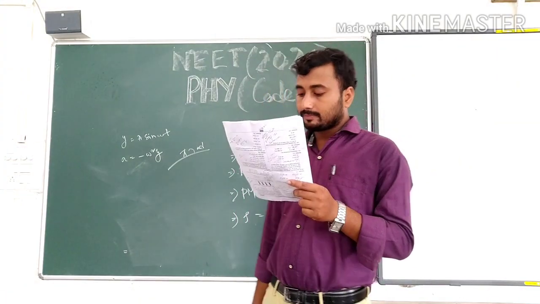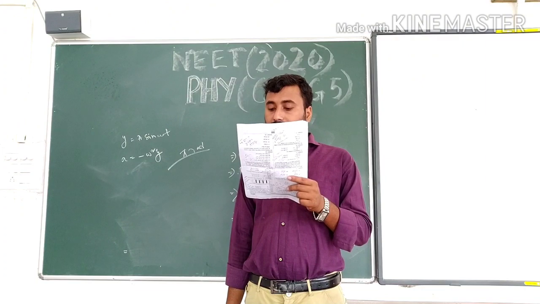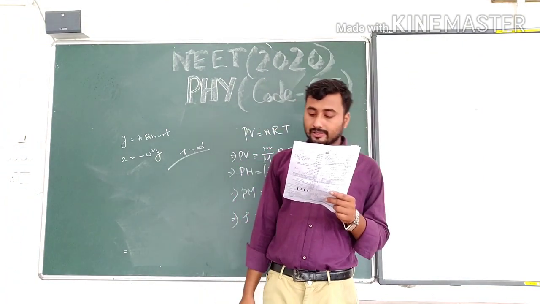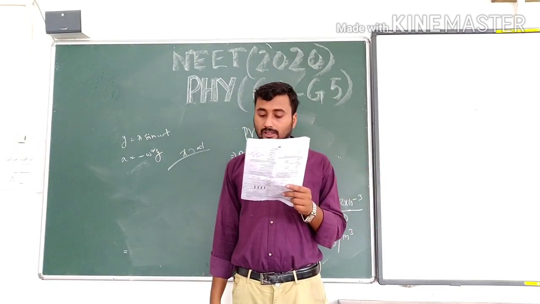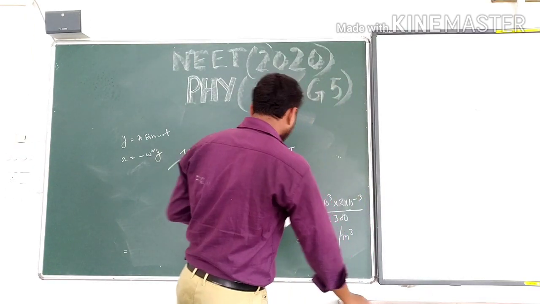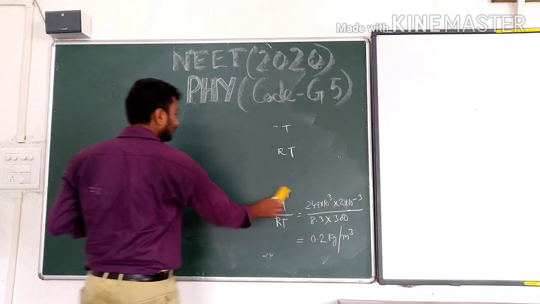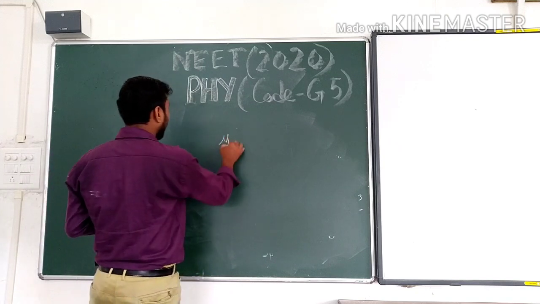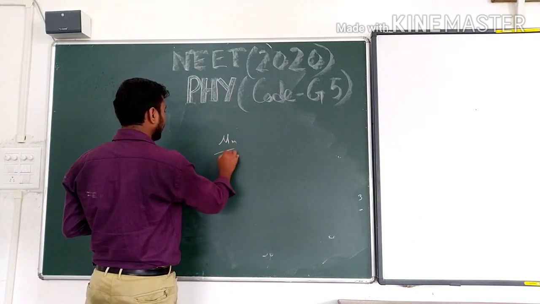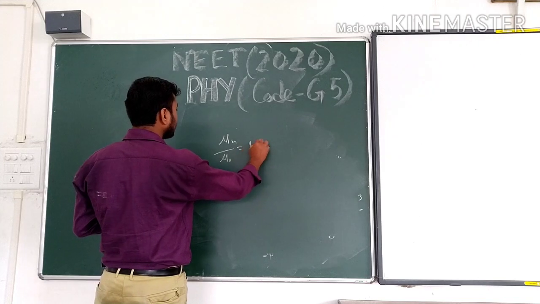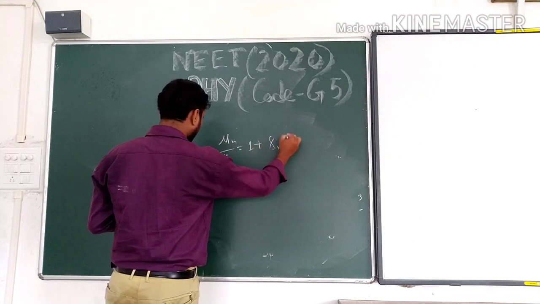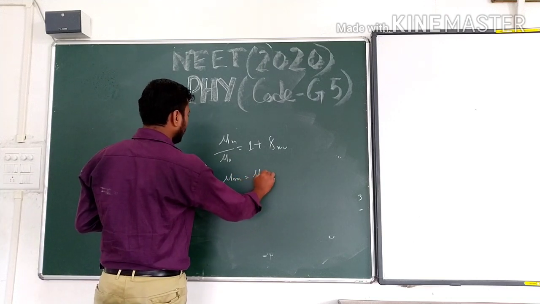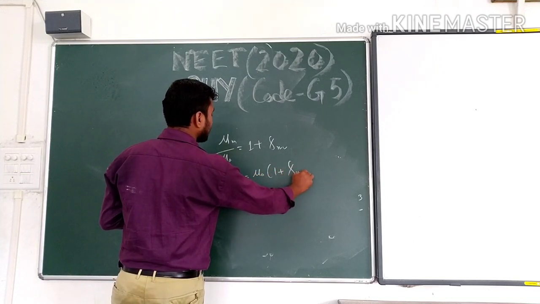An iron rod of susceptibility 599 is subjected to a magnetizing field of 1200 ampere per meter. The permeability of the material of the rod is. What is the formula? Permeability of medium, with free space mu naught, is equal to mu naught into 1 plus susceptibility.